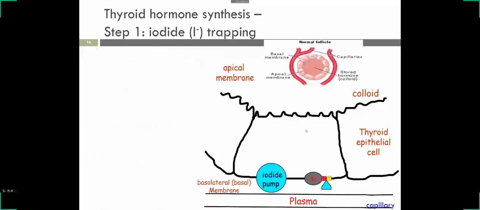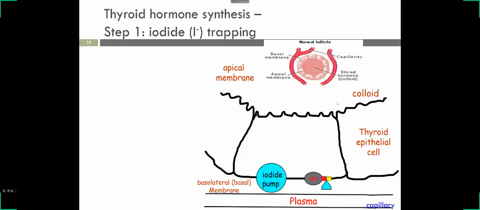Okay, so step one to make thyroid hormone is to first bring in the iodide, because as you can appreciate, that is the key aspect, or the key ingredient, if we should say, of the thyroid gland. So how do we bring in iodide?